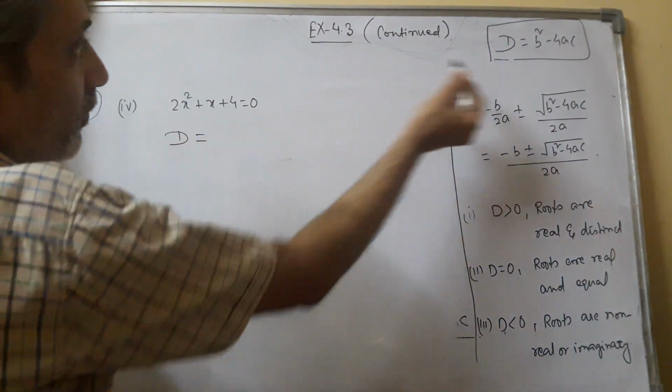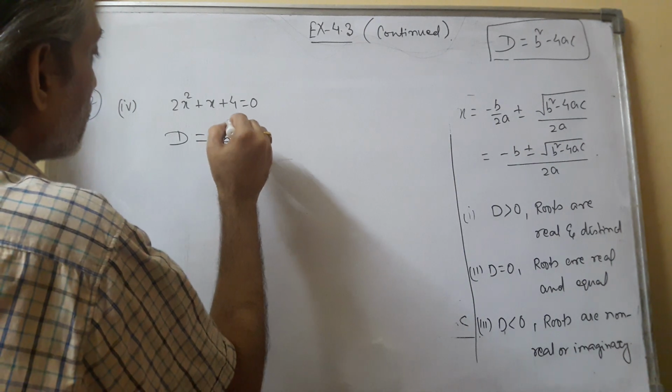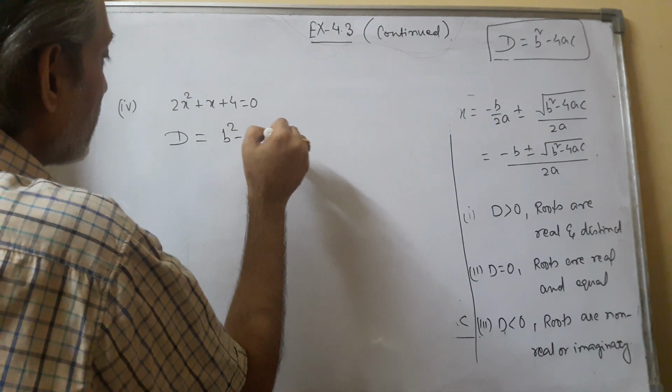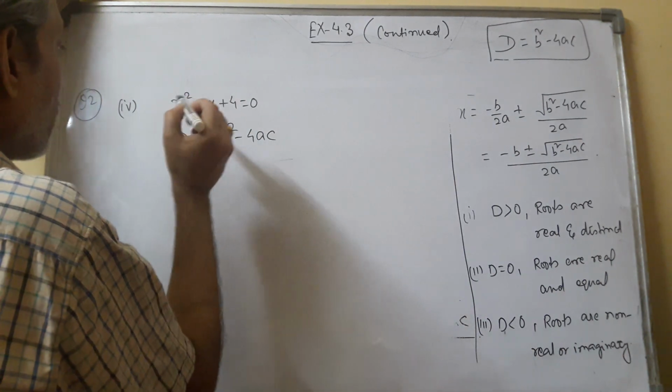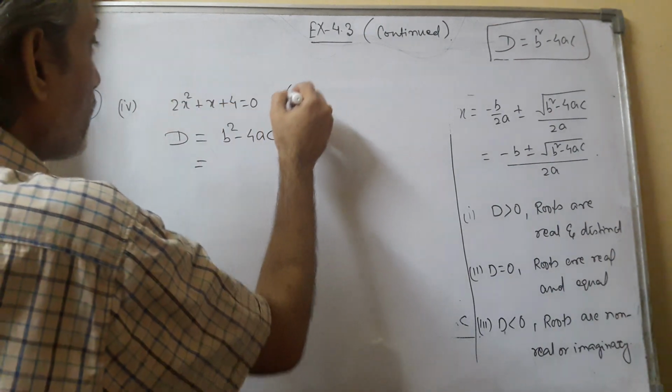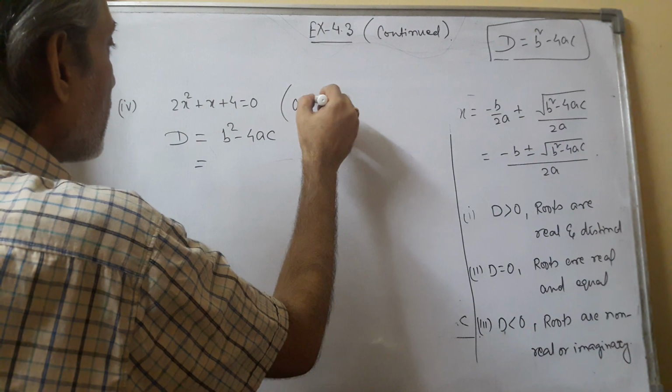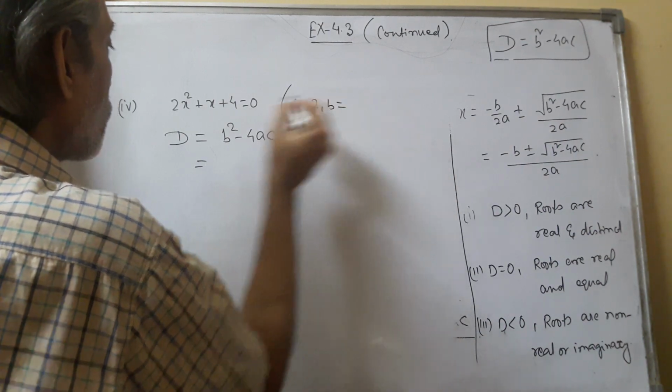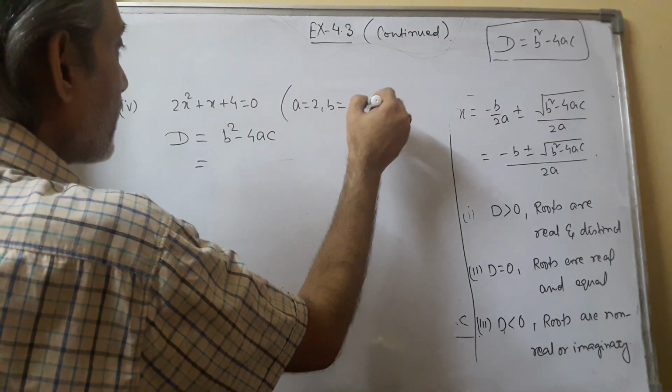Firstly, find the value of D. D is what? D is b square minus 4ac. Now from here, look, what is a? A is 2. Write it here. A equals to 2, b equals to coefficient of x is 1, and c is 4.